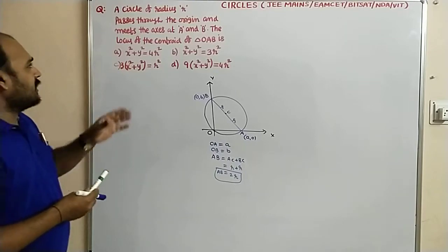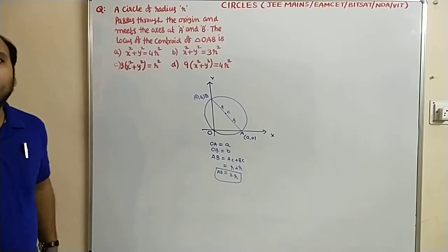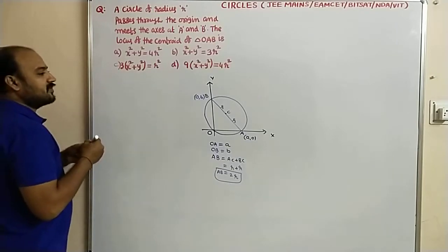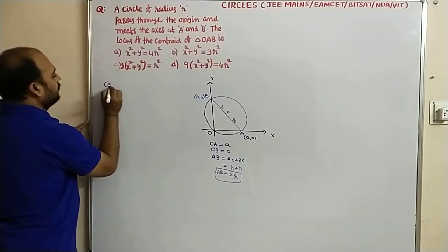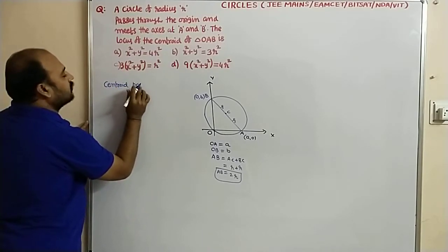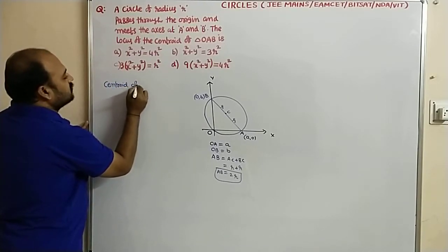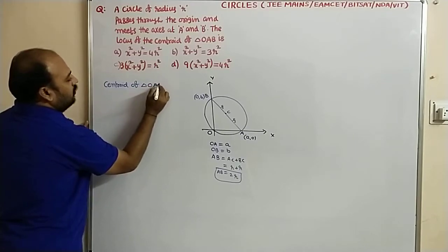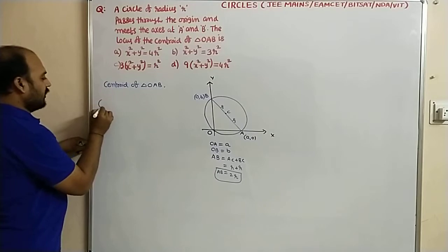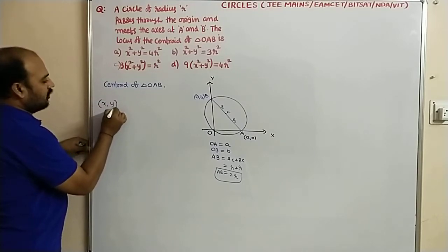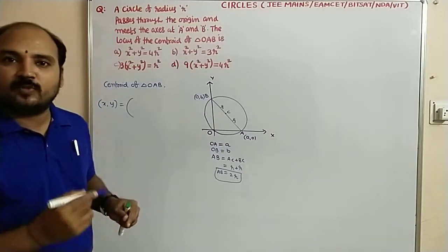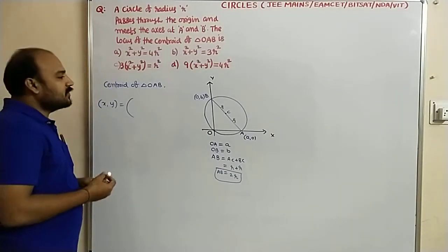The question is the locus of the centroid of triangle AOB. What is the formula for the centroid? The centroid of triangle OAB is denoted by G of x comma y. It is x1 plus x2 plus x3 by 3, y1 plus y2 plus y3 by 3.